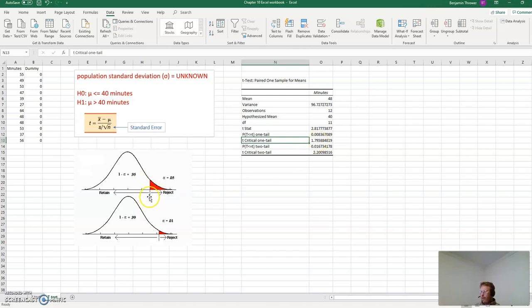Okay, so if this is 1.795 and my t-stat is 2.81, where does 2.81 fall in relation to 1.795? It falls out in our rejection zone, doesn't it? Okay, so that means we are going to reject the null hypothesis.